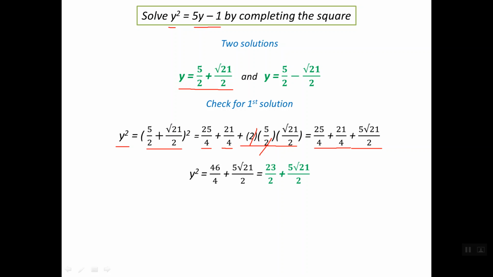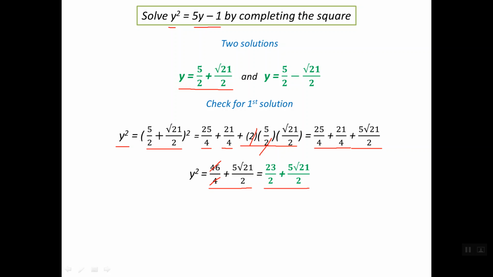So 25 plus 21 is 46 over 4 plus 5 root square of 21 over 2. This is an even number and this is an even number, so we can simplify it to be 23 over 2 plus 5 root square of 21 over 2. So this is the value of y squared.